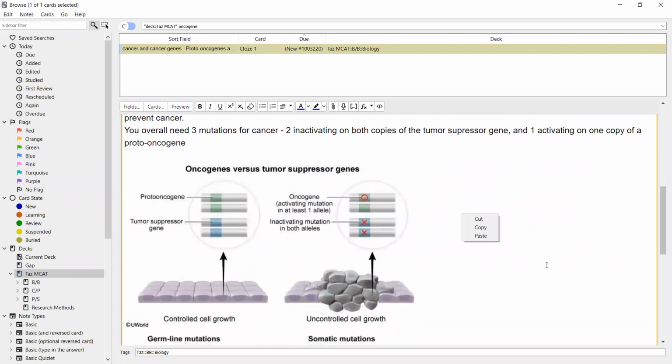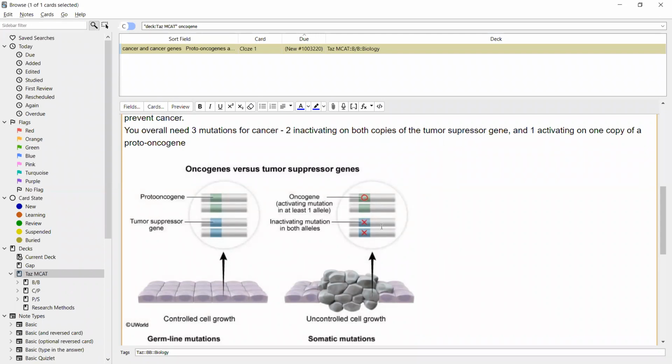However, we have these helpful tumor suppressor genes, which are there to stop that. Any kind of nonsense with the cell cycle or growing too fast, the tumor suppressor genes are going to try to take care of it. We get cancer if we have inactivating mutations in both tumor suppressor alleles and just one activating mutation in an oncogene.